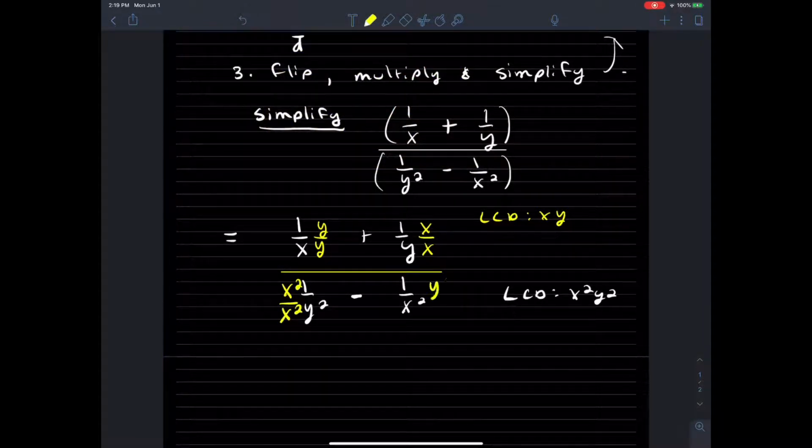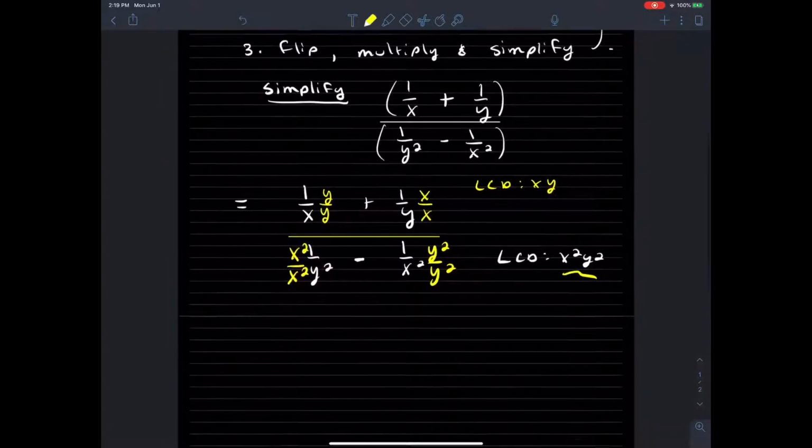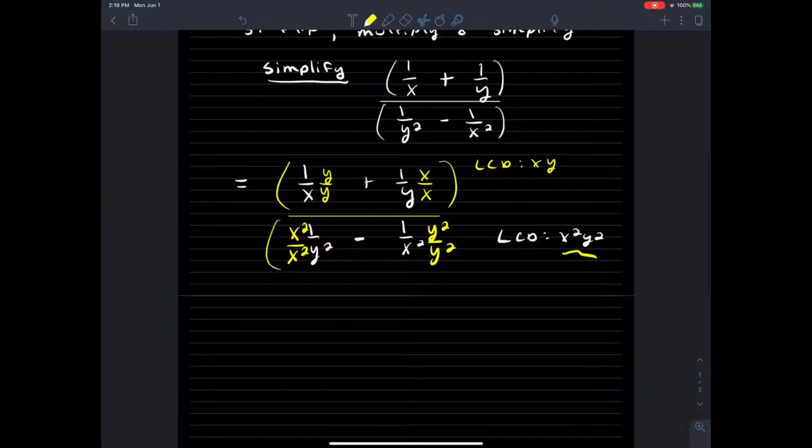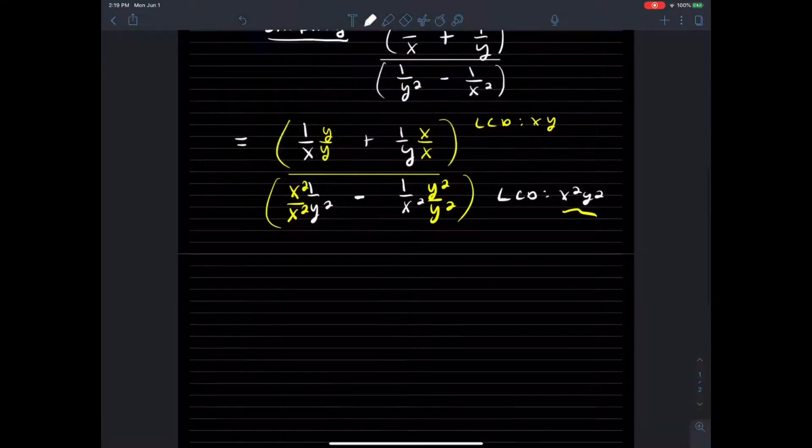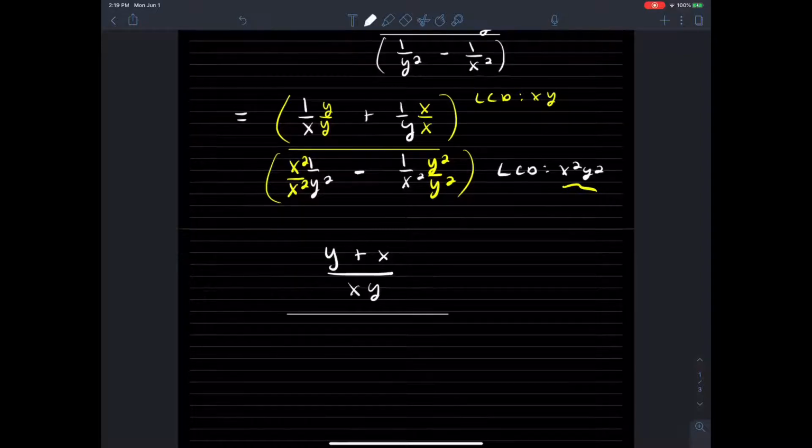This one is y squared over y squared to fill in to get our LCD. Okay, so we're going to be adding these and subtracting these. So in the top here, it's y plus x all over xy. On the bottom, it's x squared minus y squared all over x squared y squared, and that's equal to the previous.